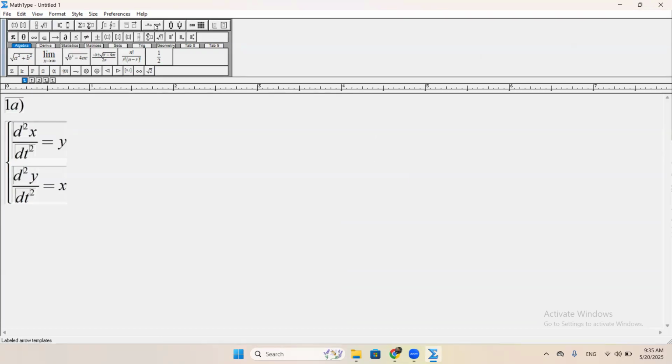So the order of the system, how to define the order. The order of the system of differential equations will be the sum of the highest orders of derivatives. So we have the second derivative for the function x and the second derivative for function y.